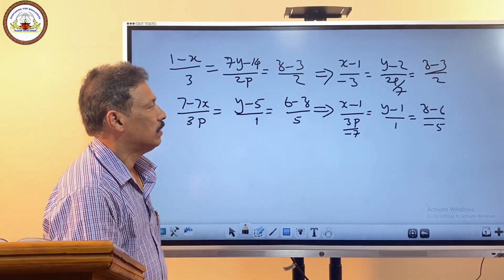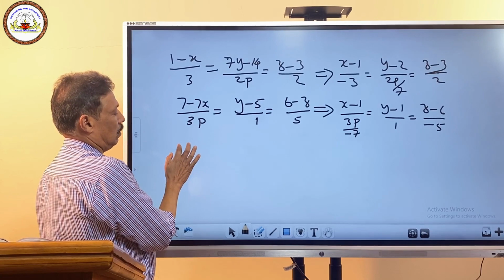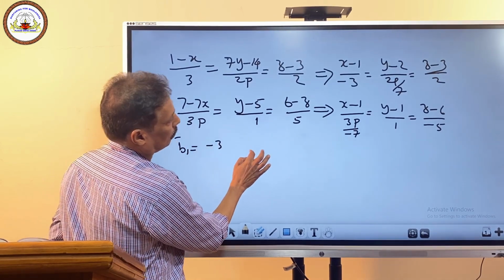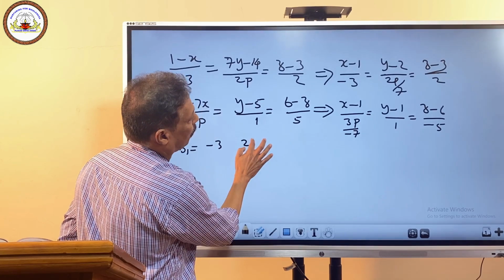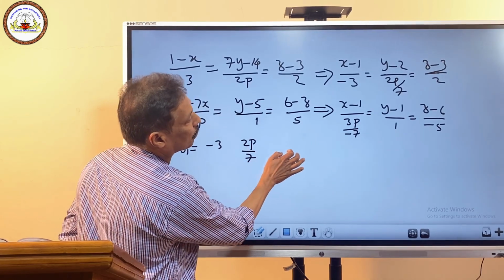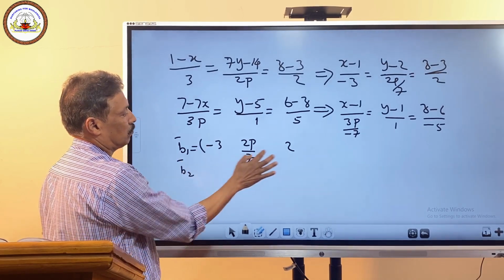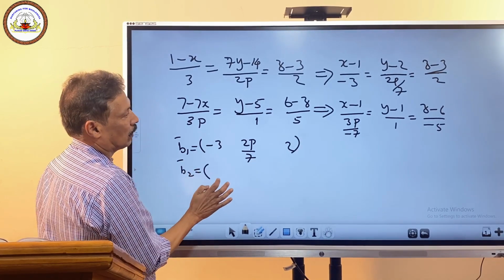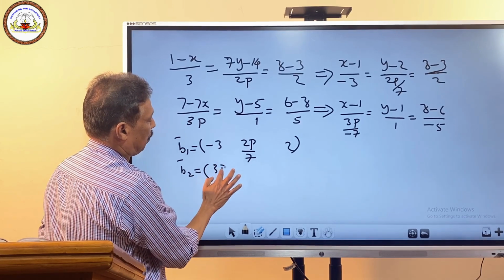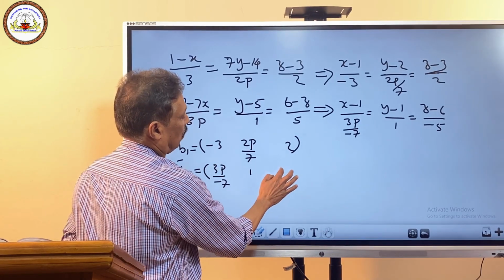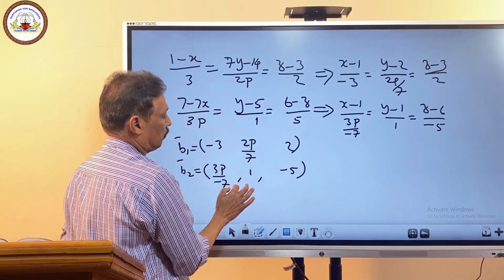So the vectors are b1 bar is -3, 2p/7, 2, and b2 bar is 3p/-7, 1, -5.